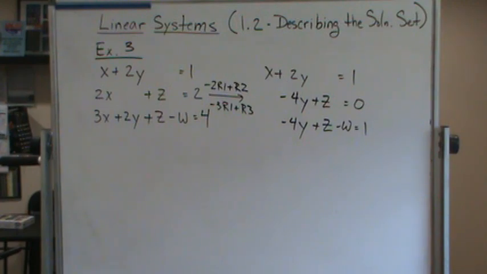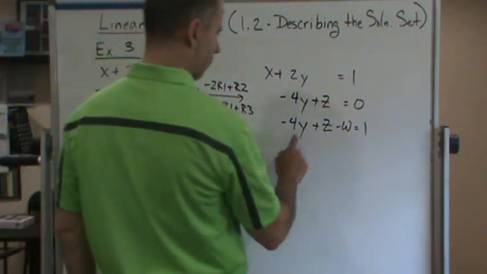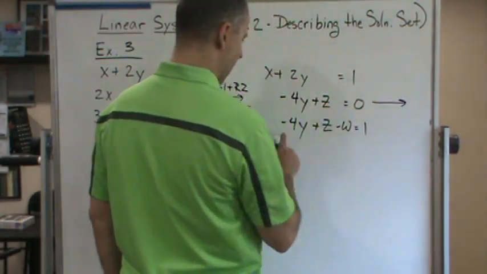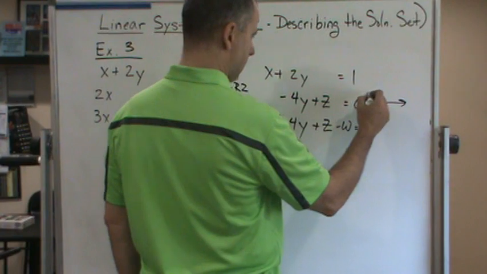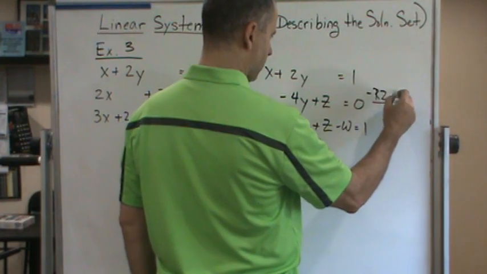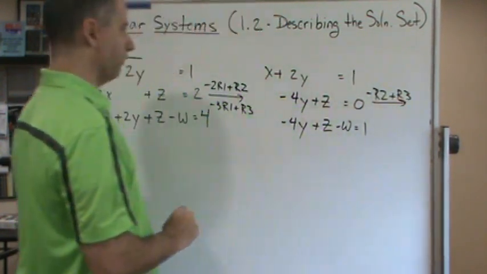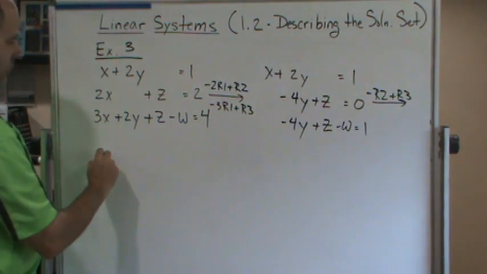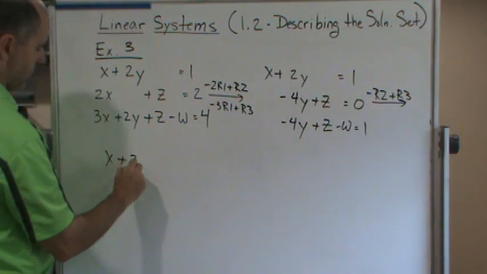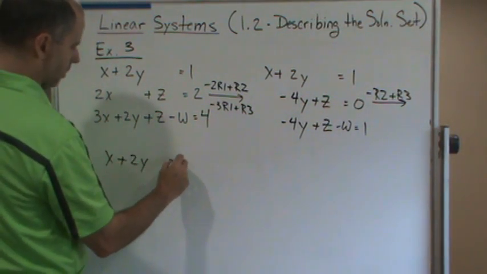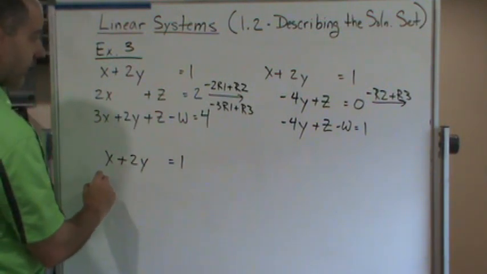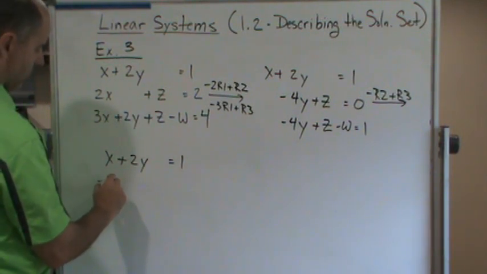Okay, so now what are we going to do? Well, we want to get rid of the y here, so the next operation is to take -R2 plus R3. The top equation is going to be left unchanged, and the second equation is going to be left unchanged.